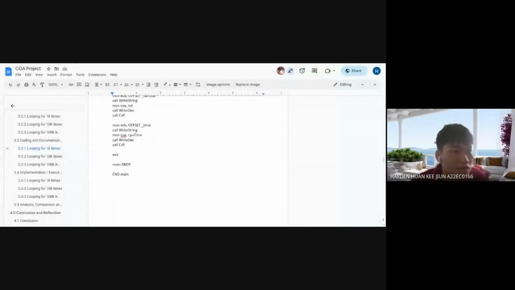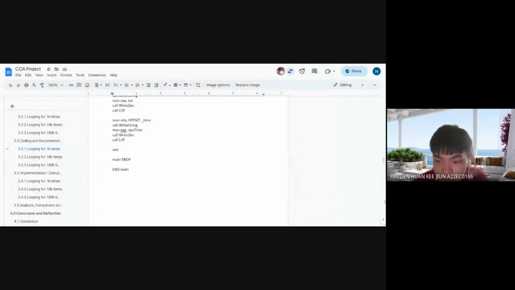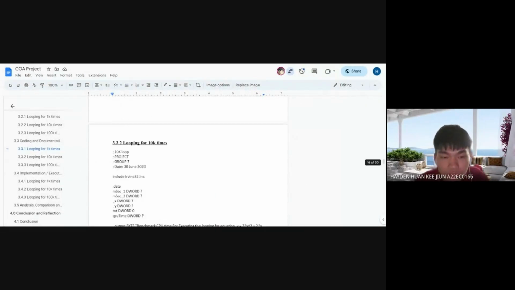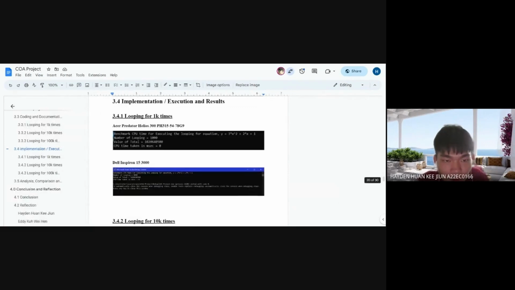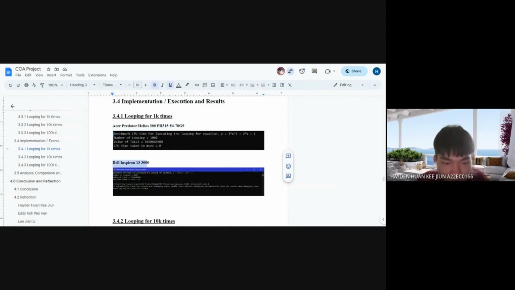Then we are going to see the results between the two laptops. Looking at 1K, this is my laptop and this is my groupmate's laptop. It shows that they are similar.